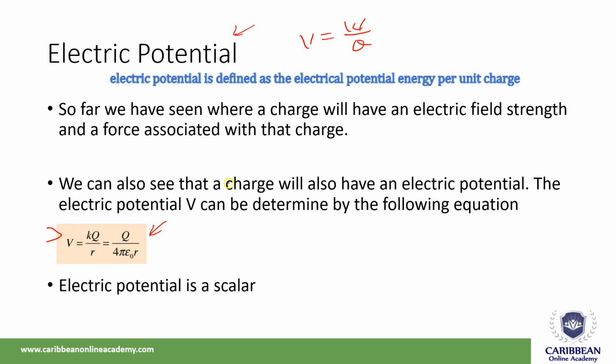So the equation is V equals K times Q divided by R, or because we know K is equal to 1 upon 4 pi epsilon naught, you can also see it from this standpoint to say that V, which is the electrical potential, is equal to 1 upon 4 pi epsilon naught times Q divided by R. And this is telling us that electrical potential is a scalar, right?